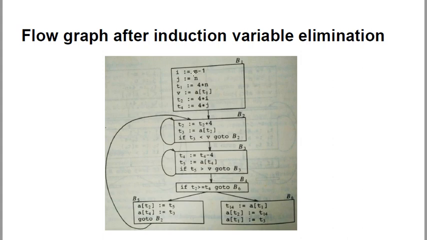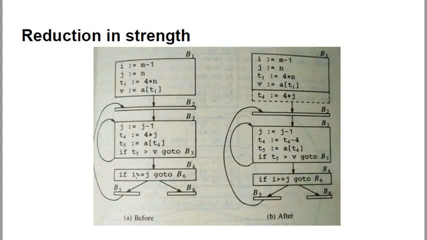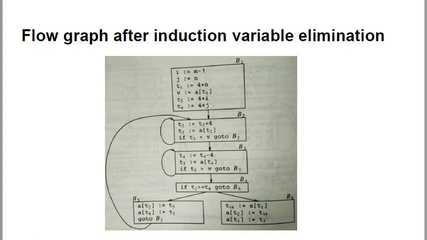Later in the flow graph, I is storing m minus 1. This is the flow graph for quick sort, and we are going on optimizing that. So I is equal to m minus 1 and j is equal to n. The only other role of I and j after this was the test I is greater than or equal to j. The values of I and j are being stored in T2 and T4, 4 into I and 4 into j. So instead of testing I is greater than or equal to j, we can test T2 is greater than T4.